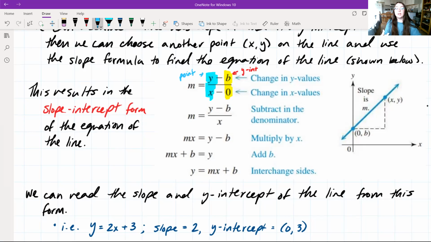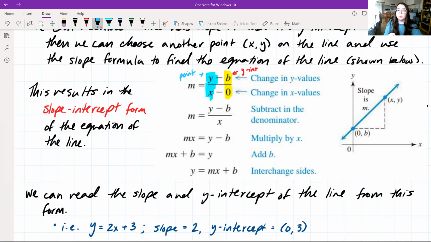So we're using our y-intercept and this other point, and we're just using them in terms of x, y, and b. In this case, we're not working with real numbers. And we say that our slope is equal to y minus b divided by x minus 0, indicating our change in y values over our change in x values.